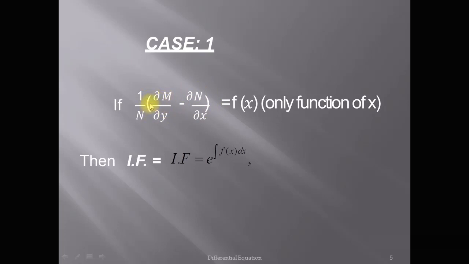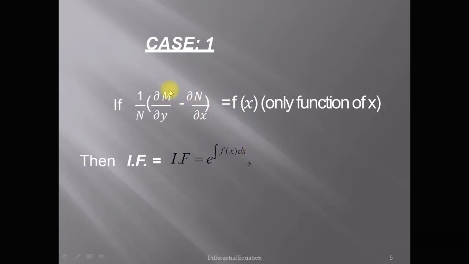1 over N times (partial M by partial y minus partial N by partial x). If from this expression we get a function only of x, then the integrating factor will be e to the power integration of this function with respect to x.